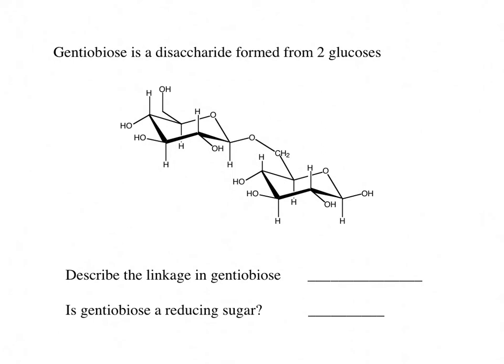This is gentiobiose. It's two glucose molecules together. And I'd like you guys to describe the linkage in it in terms of the same description we did before, like the 1,4' alpha, whatever, glycoside.